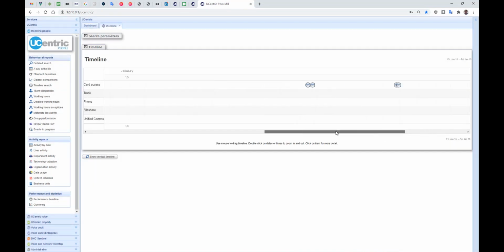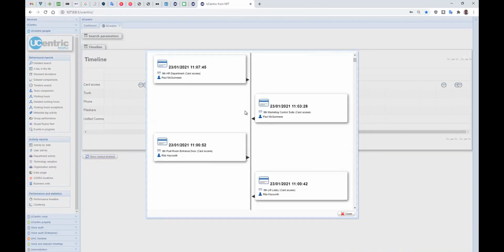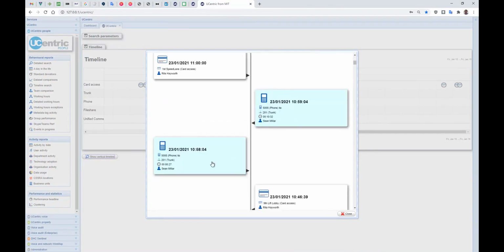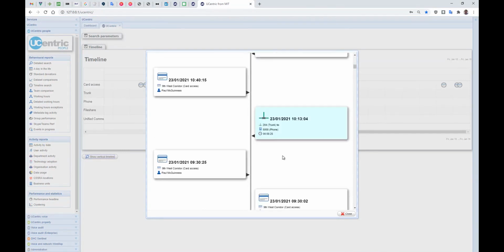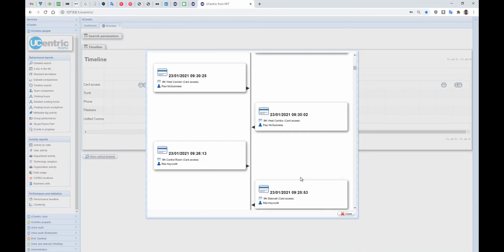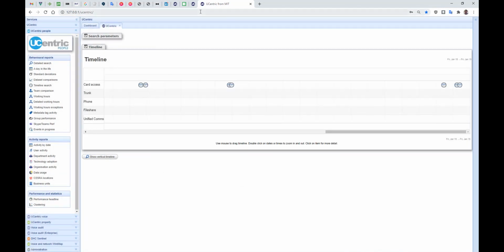So I can see individuals' activity at any moment during the day, to see what they were up to. I can also look at that as a sort of vertical timeline and see different things happening at different times of day. So there's calls there, and then there's movement through the building, there's another call, and so on.